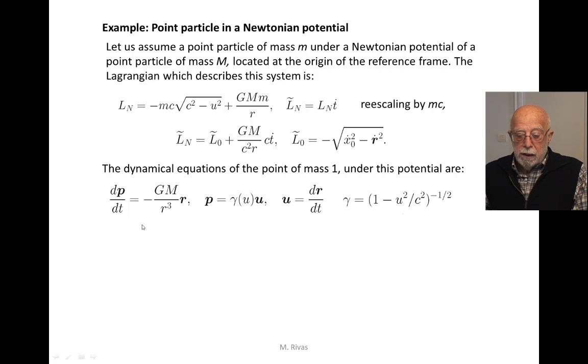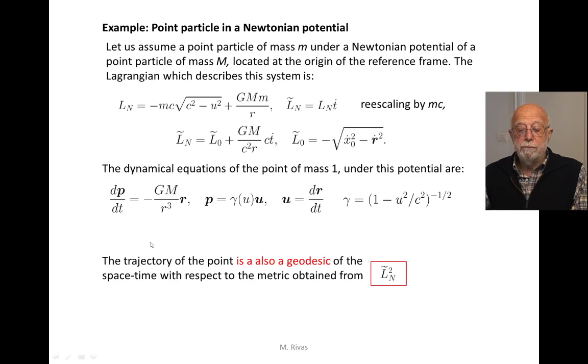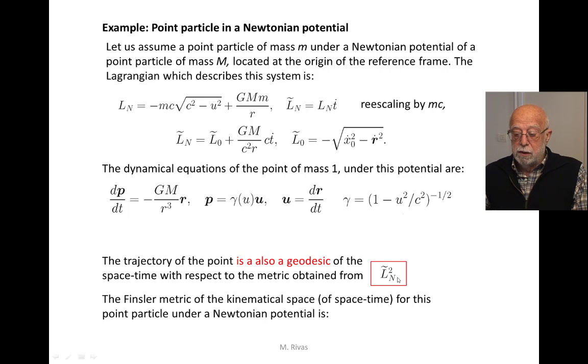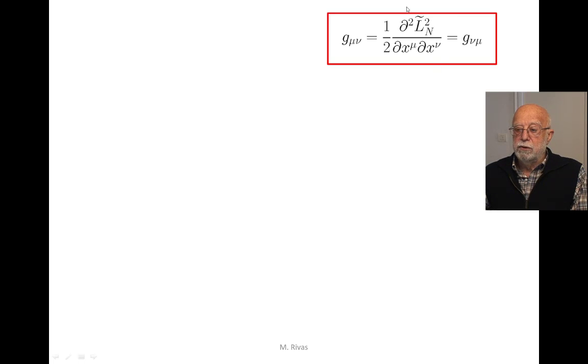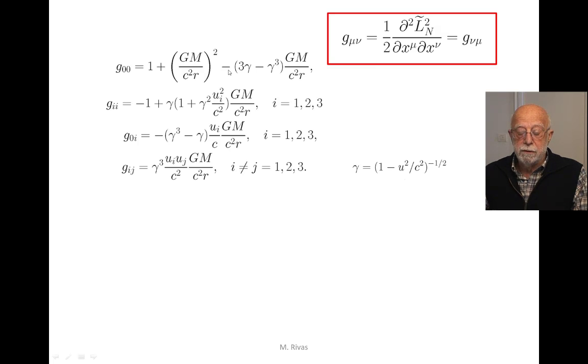But because this variational formulation is equivalent to the geodesic formulation constructed from the metric obtained from L square, the trajectory of the point is also geodesic obtained from this. And this is what we are going to make, but the metric of a space-time constructed from this potential, we take the L square, we take the second order partial derivatives, and is this. It is clearly a Finsler metric.